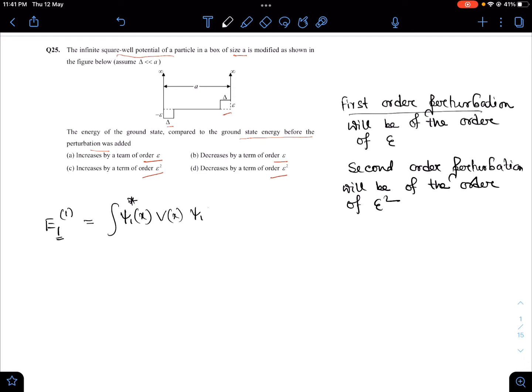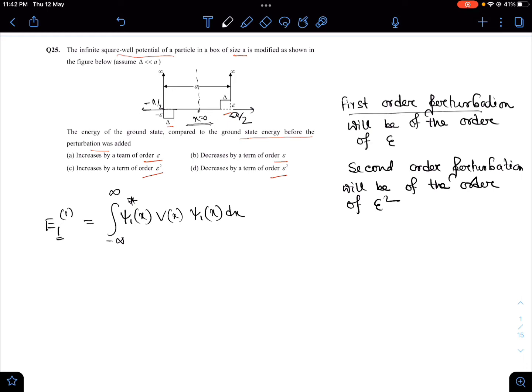This is our first order correction to the energy. Now if you observe carefully, in the graph no reference point for x is given. So we can assume this is our x equal to 0, and the well extends from minus a by 2 to a by 2.